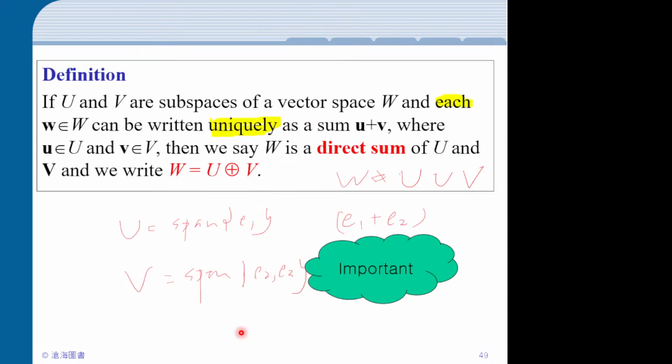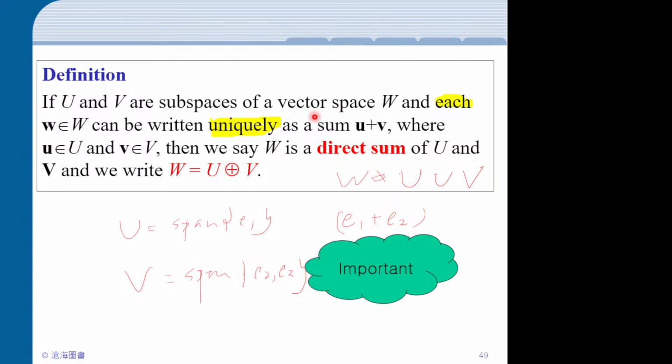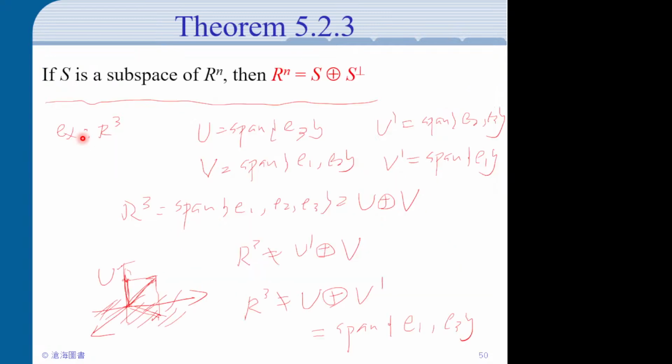So you want U and V dimensions to add up to the dimension of W. Okay. Clear. Hopefully this is clear. And if this is clear, then we can go to a bit of applications.